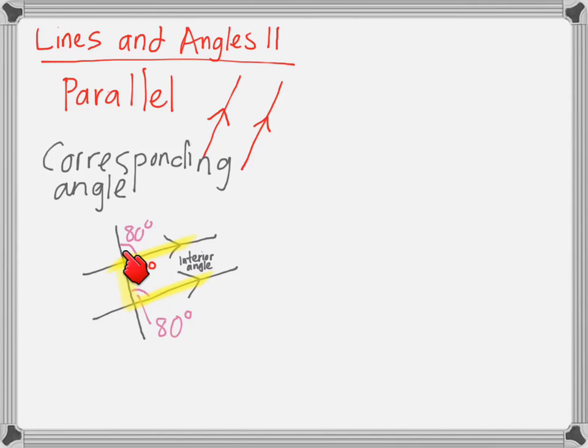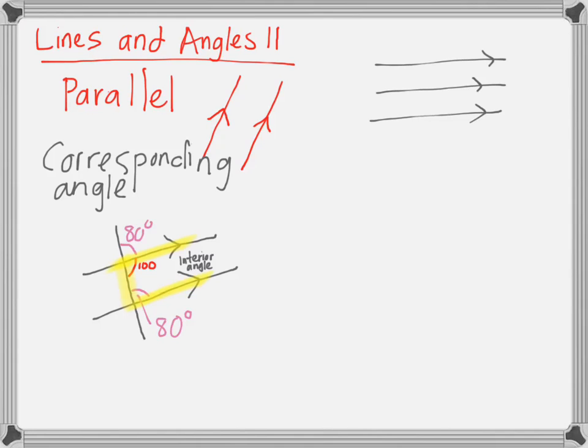Let me show another example. Let's say we have three lines here, line 1, line 2 and line 3, and assume all of these are parallel, meaning all have the same direction.